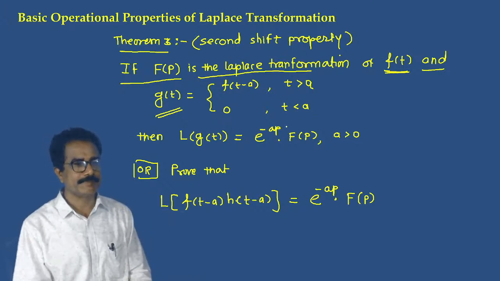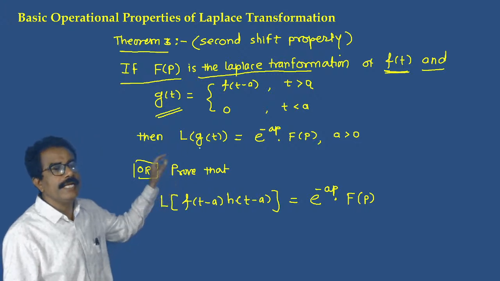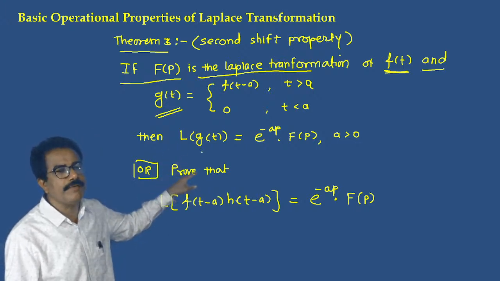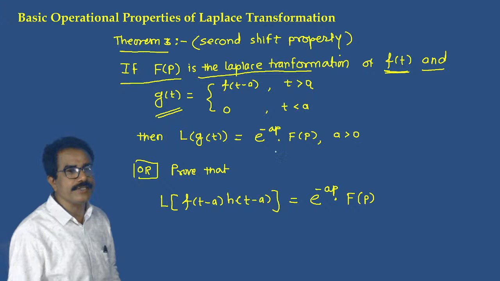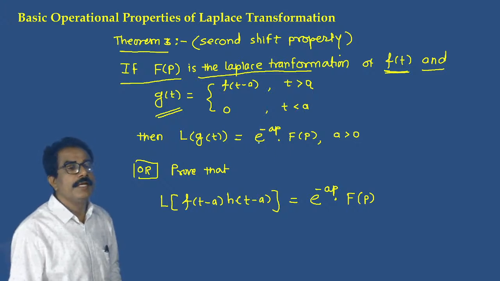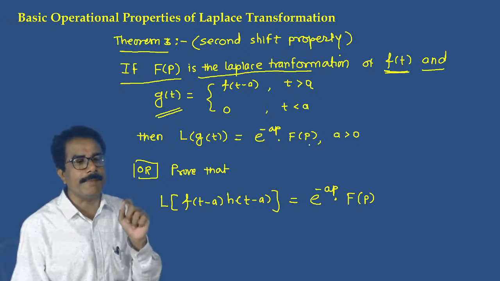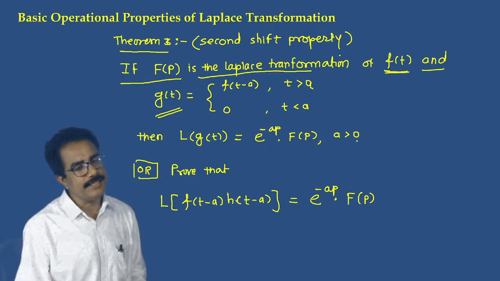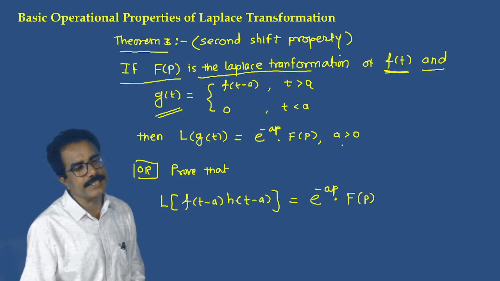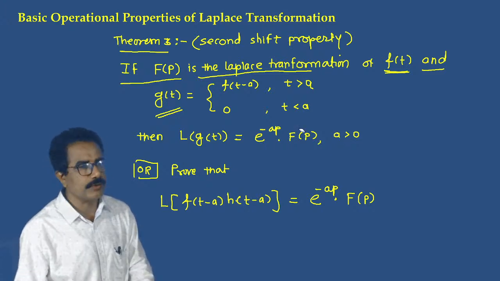Then we have to prove that the Laplace transformation of g of t is equal to e raised to minus ap into F of p, if a is greater than 0. Here the necessary condition is a is greater than 0. You can make a little correction if you want.